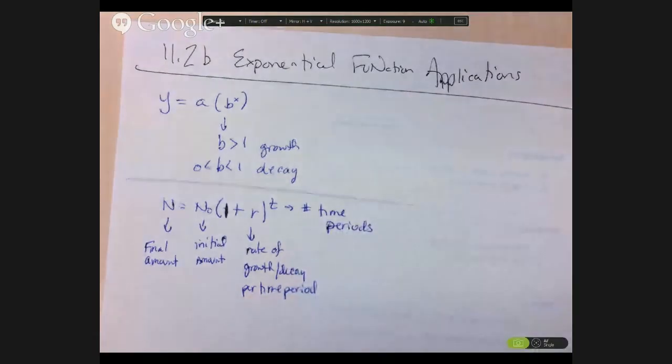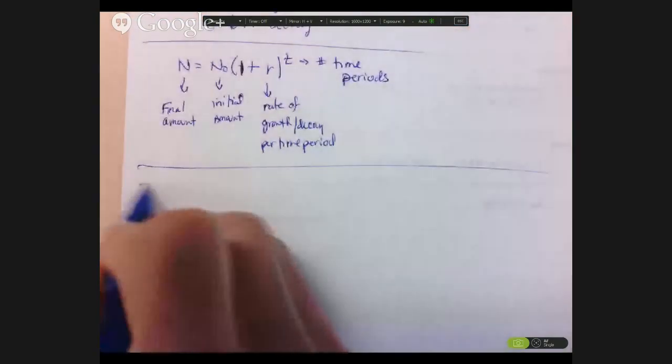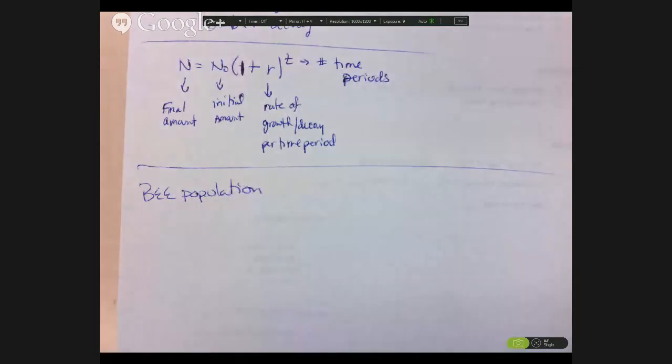Okay. So when we apply exponential functions, we have to consider a few variables, things that can change, right? But it's really not that difficult. Well, the example in your book is a bee population example.